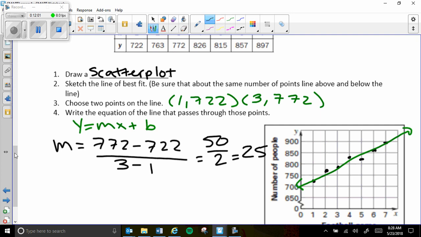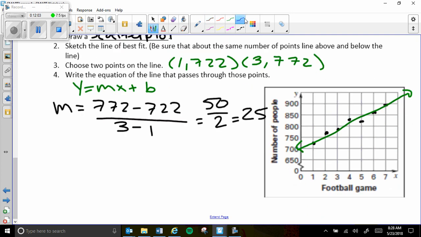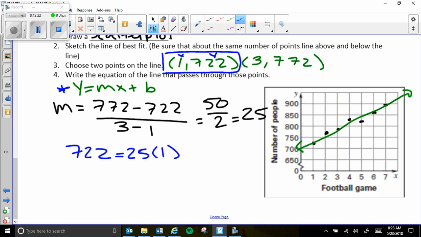Now I need to figure out b. So I'm going to use this first point in order to find b. So I have x and y. So 722, I'm just plugging this into this equation right here. Y equals, my slope was 25, my x value in that ordered pair is 1, plus b. 25 times 1 is 25.